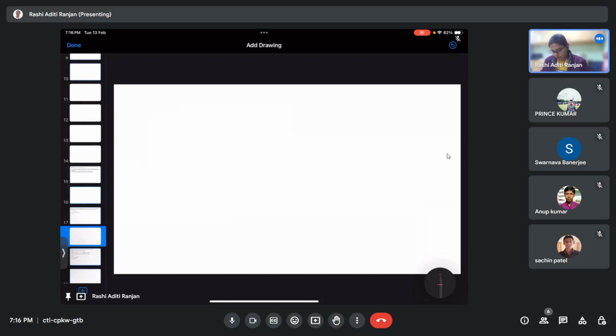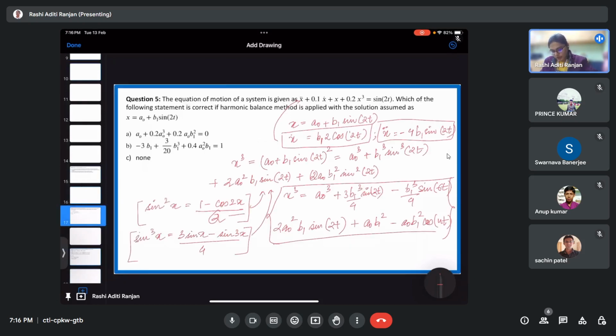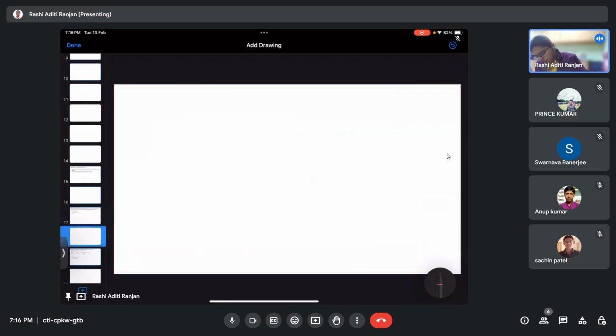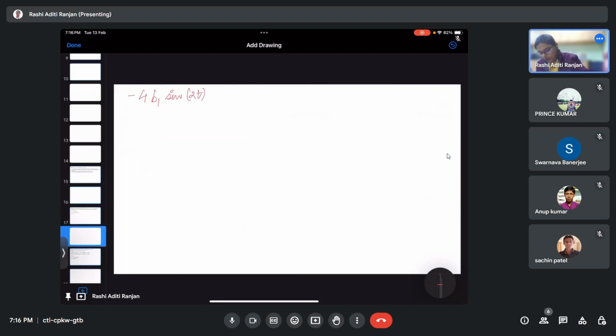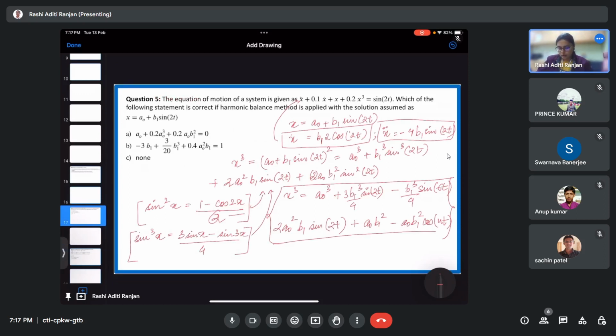First I'll have to write x double dot, which is minus 4 b1 sine of 2t. Then I have 0.1 x dot, so 2 into 0.1 would give me 0.2. So I'll have plus 0.2 b1 cos of 2t, multiplying by this 0.1.